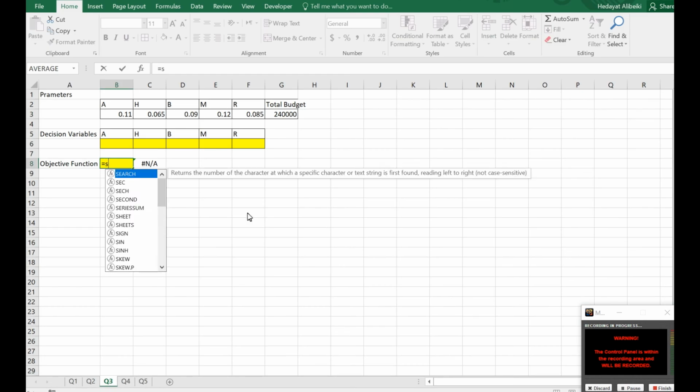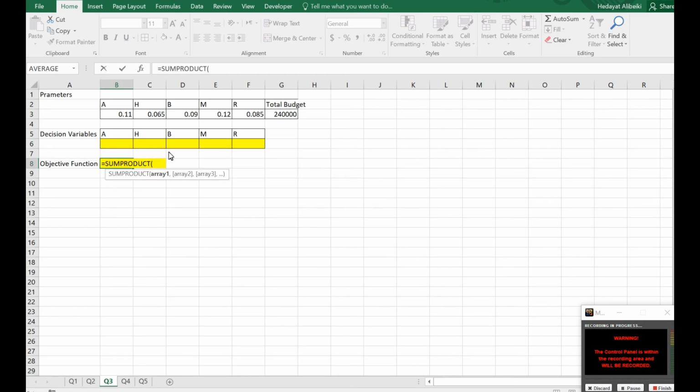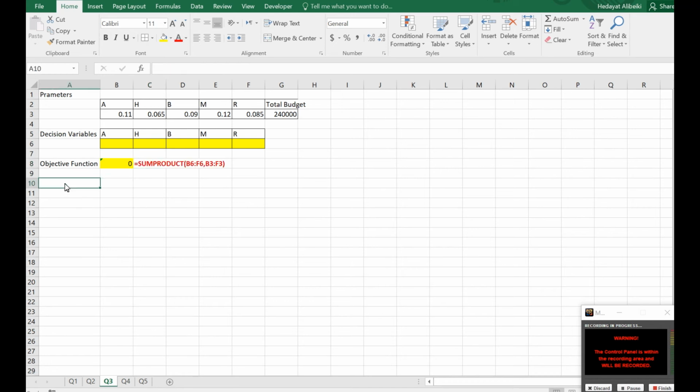So it's going to be the sum product of these 5 guys, comma, investment. So that's the objective function. And now constraints.